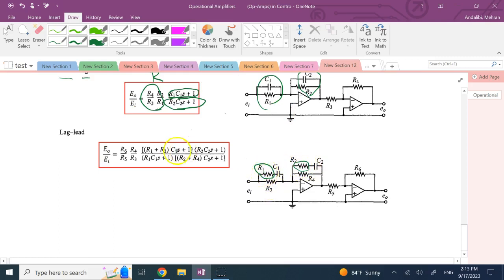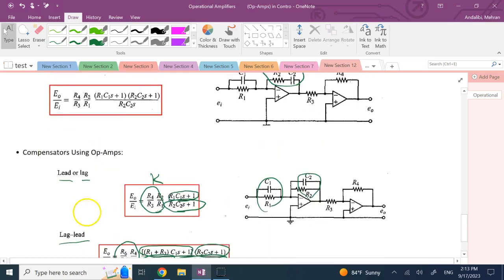And if you do that, now you can clearly see a lead lag, right? Because you have the constant, and then one linear term multiplied by another linear term divided by the product of two other linear terms. So clearly it's like the product of a lead and a lag, which you call lead lag.